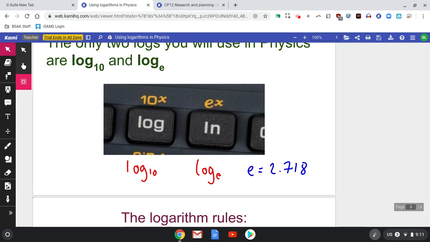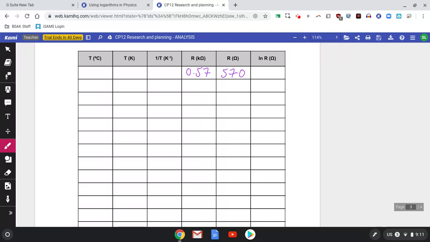That will give you the natural log of 570. You literally press that button and the number it gives you is the natural log of 570. I'll just do that now. 570 natural log gives 6.4346. There you have it. You have your results.